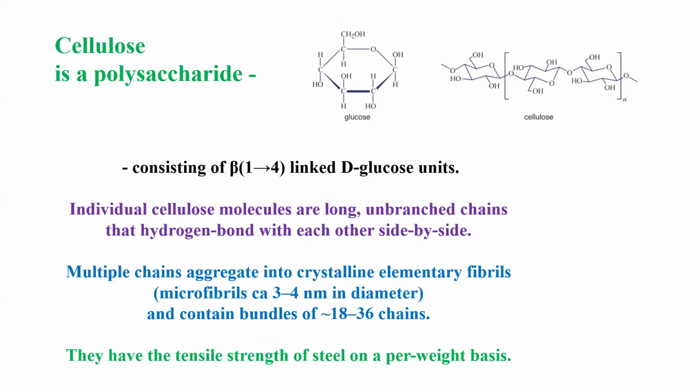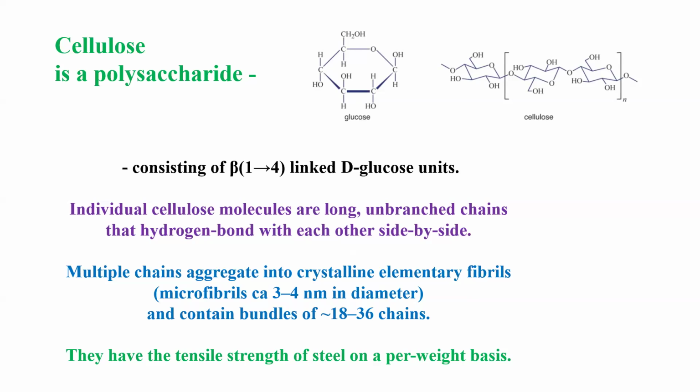So cellulose is a polysaccharide. It consists of beta-1,4-linked D-glucose units. Individual cellulose molecules are long, unbranched chains, and they are strongly hydrogen bonded with each other side by side, which really gives the strength.